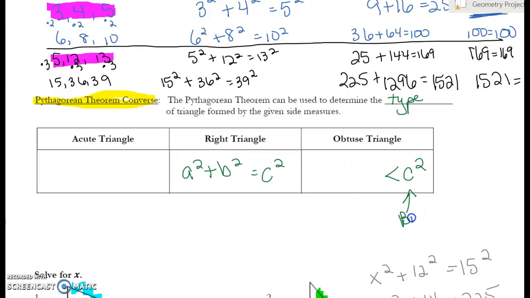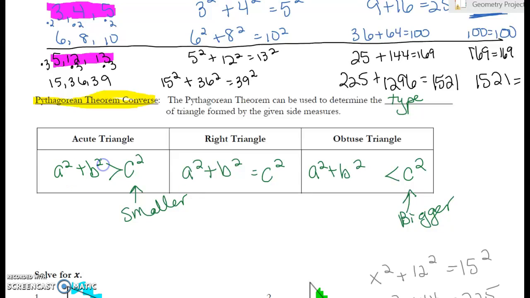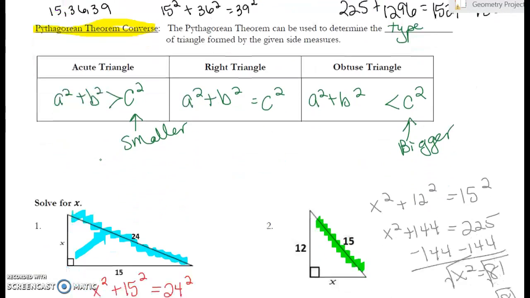So that's bigger than the other two numbers combined. Because remember, obtuse triangles are open past 90 degrees. Okay? If it's an acute triangle, it's small. And so a squared plus b squared is actually bigger than c squared. So if you focus on the hypotenuse and it's squared, it'll help you figure it out.